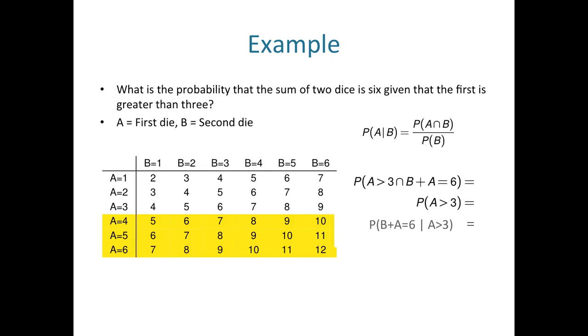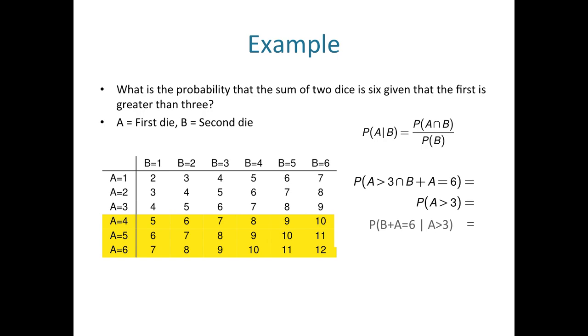Basically, we can look at the whole space of events. We can evaluate the different possibilities for the first dice and for the second dice. A can have values from 1 to 6, and B can have values from 1 to 6, as you can see in the table. And the number that appears in the table is the sum of the two values.